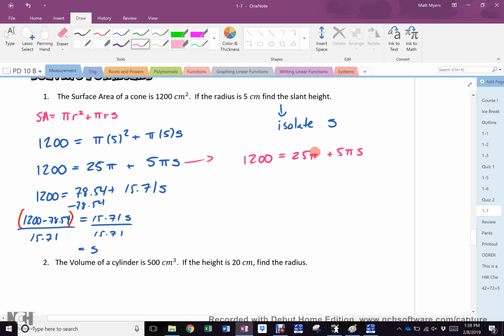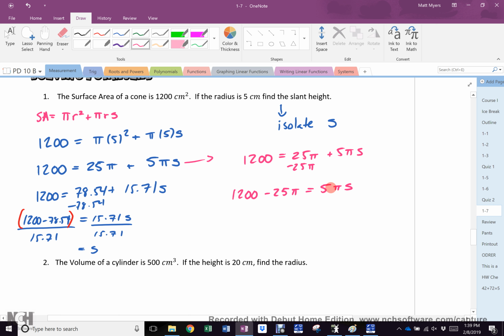It's 25 times pi. It's a positive number, yes? So I would subtract 25 pi. A great many of you, if I didn't go through this, would do division here. Because you would think that 25 pi is the same as 25x. It's not. Pi has a value. It's 3.14159, blah, blah, blah. So this side is now 1,200 minus 25 pi equals 5 pi s.